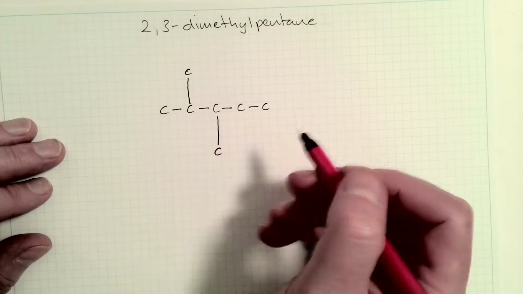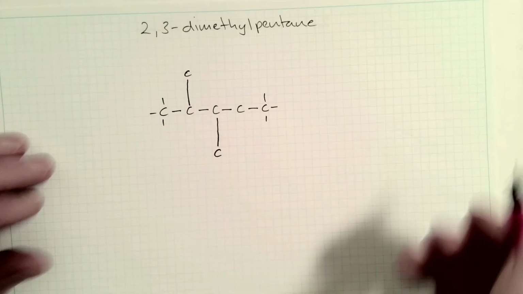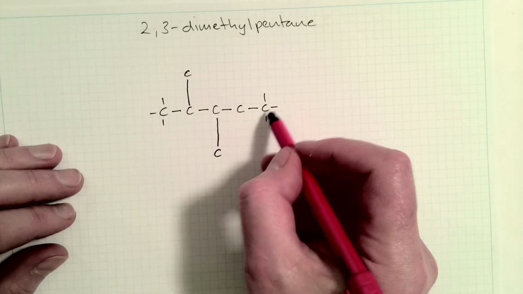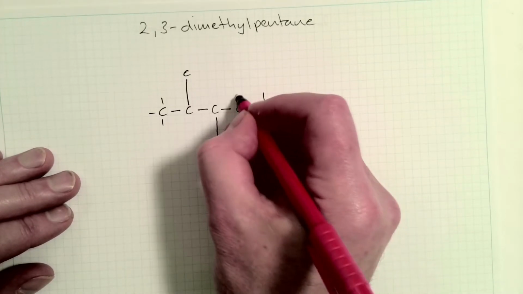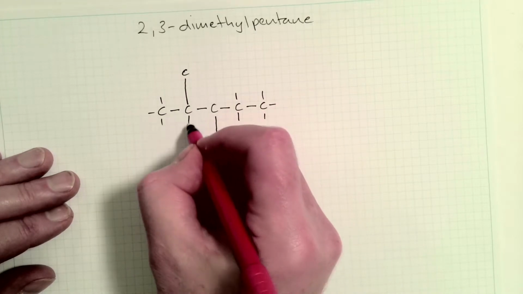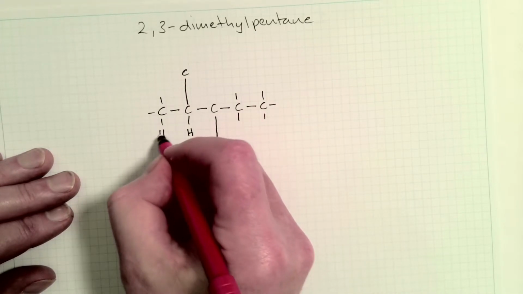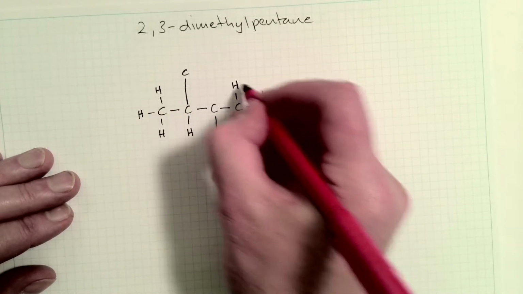So now what we can do is put our hydrogens in. 1, 2, 3, 1, 2, 3. Always count your carbons to make sure you have 4 bonds in each carbon, no more, no fewer. Okay, so this one has 1, 2, 3, it has another hydrogen here. And then we'll look at the methyl groups.